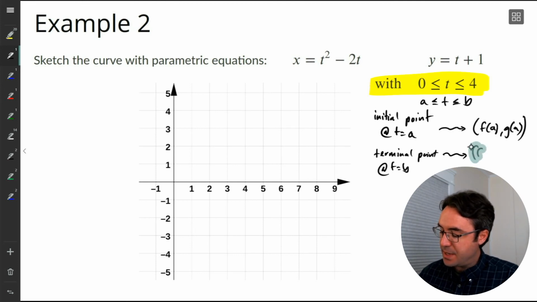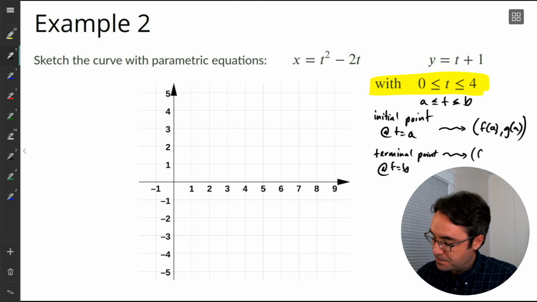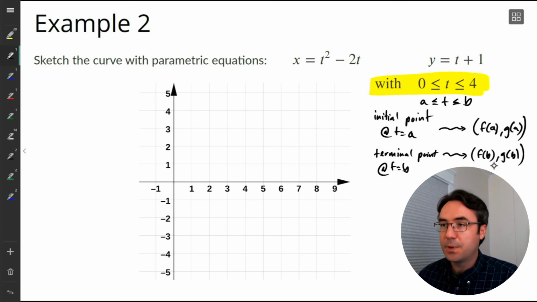Well, we're going to get f of b comma g of b. Plug it into our two parametric equations. At times we use this terminology when we put some restriction on time, where time is between just two numbers. There's going to be an initial point and a terminal or ending point.